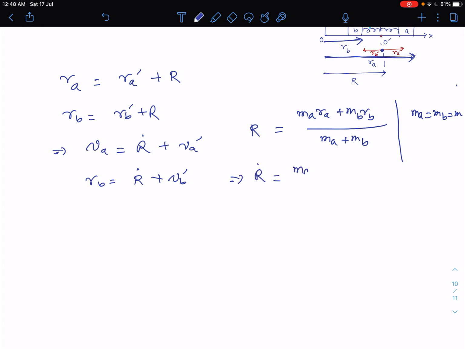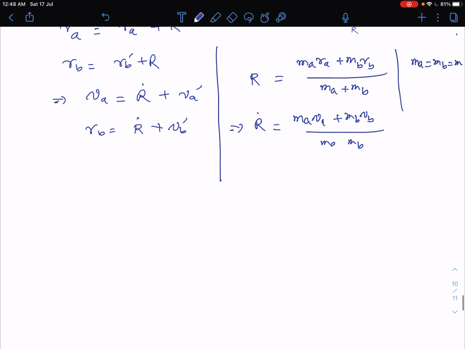R dot is nothing but MA VA plus MB VB by MA plus MB. So it is nothing but PA, the linear momentum, plus PB by MA plus MB. So it is the sum of the linear momentum.